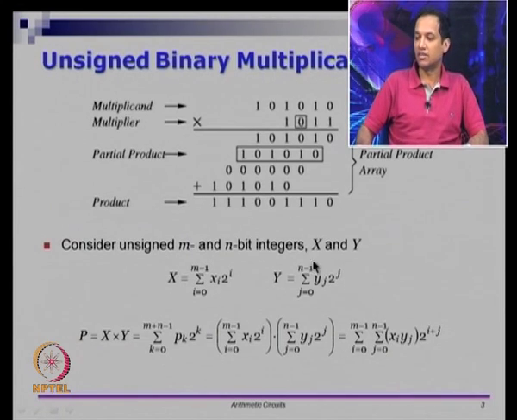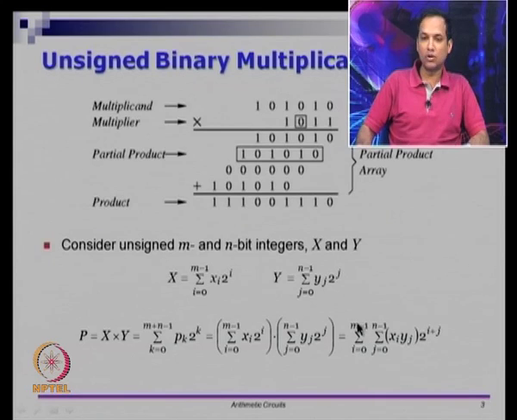For y again it is a positional representation. The product p, which is x times y, is the sum of pk times 2 power k, where pk is the partial product multiplied by 2 power k. If you want to expand it, it eventually is actually a double summation.